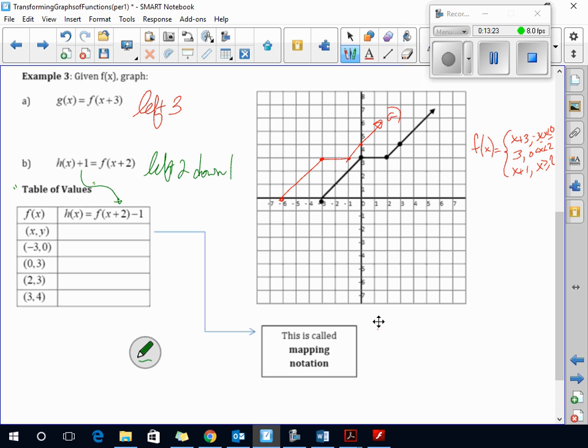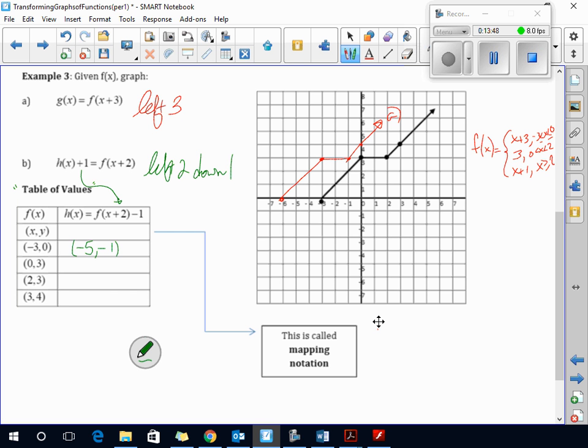Now let's go back to the mapping notation. If I start at x and I'm going left 2, down 1, where would x be? Okay, let's do another one here. If I'm at 0, 3 and I'm going left 2, down 1, where would the 0 go to? Okay, how come you can get it so easily there?